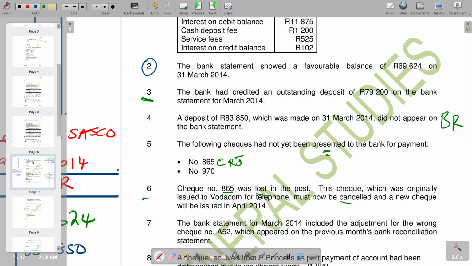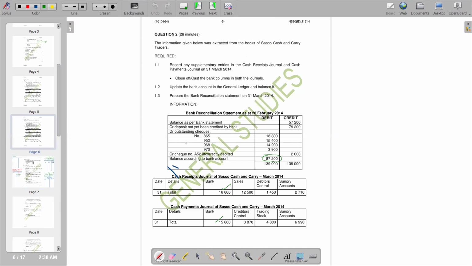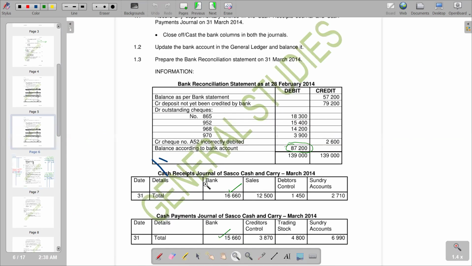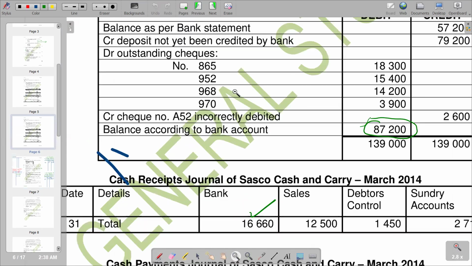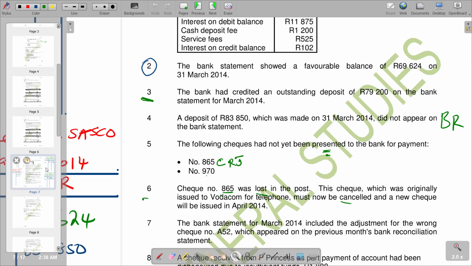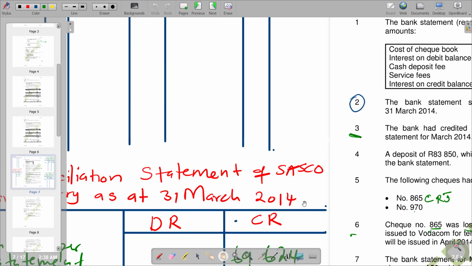This is exactly how we are going to adjust it. So we check the amount of check number 865. Go back to the beginning of the question, where we have that adjustment. It seems that we have 865 here, which is 18,300. So we go to our answer section and put our 18,300 in the cash receipts journal.